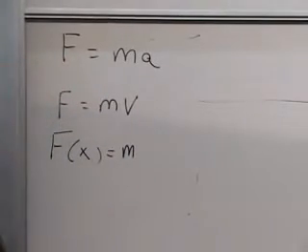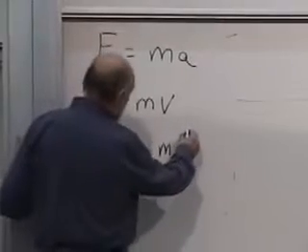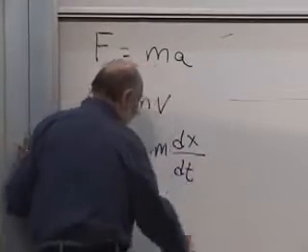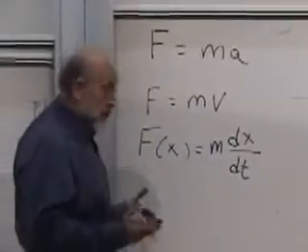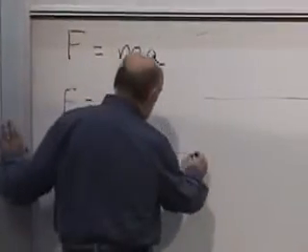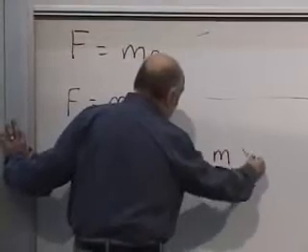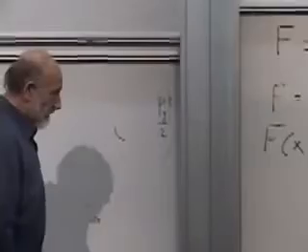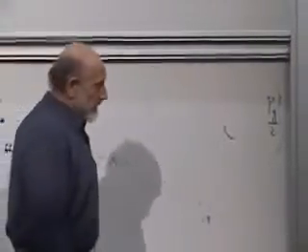And what is velocity? Velocity is the time derivative of the position, dx/dt. I will use continuously throughout this course the notation that a time derivative is just indicated by a dot. Dot means time derivative.